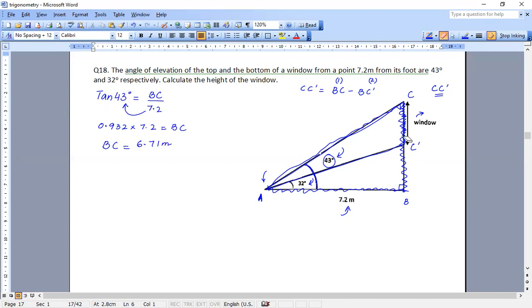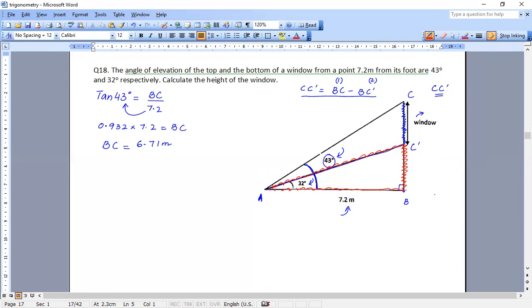Then I'll have to find the length of BC dash, as I already mentioned in that equation, that in order to calculate the window's height, I'll need BC and BC dash. So now I need to calculate the length of BC dash. I'm going to consider this triangle over here.